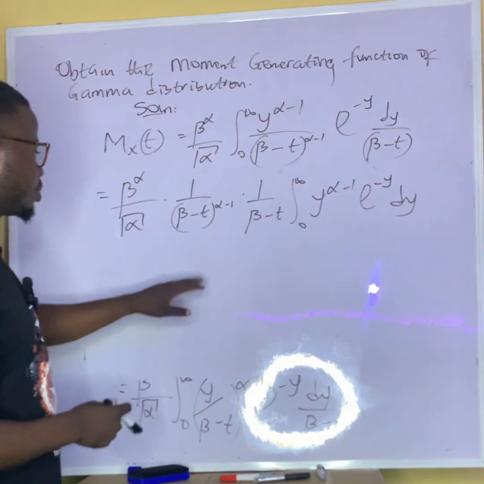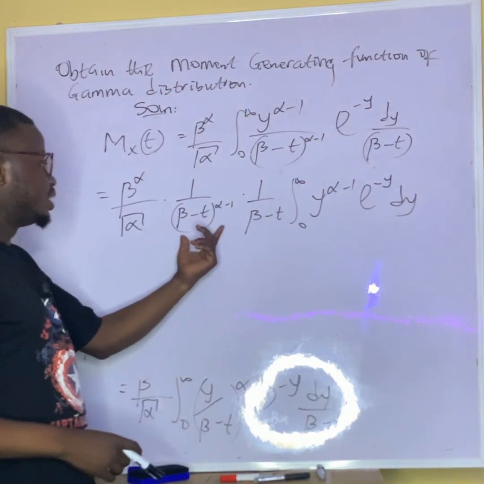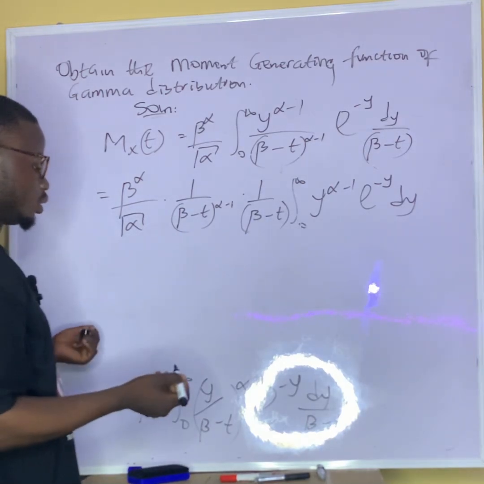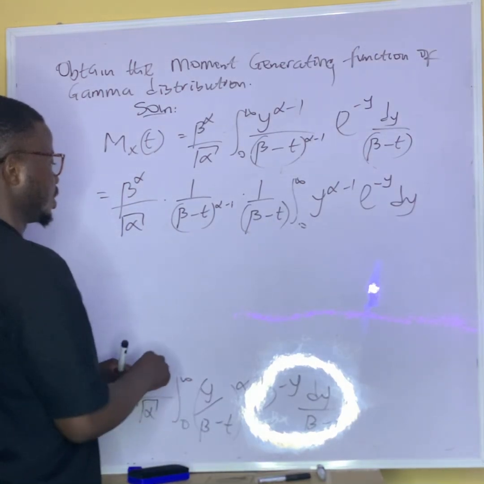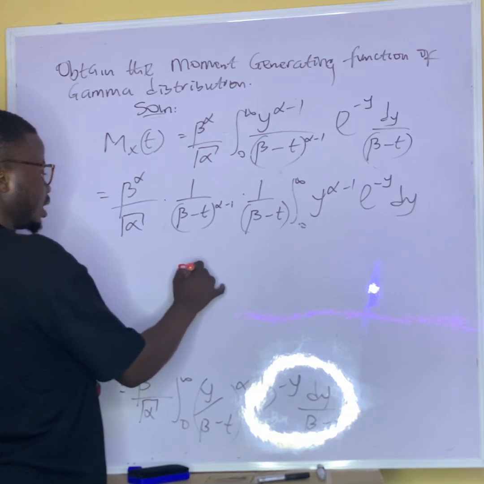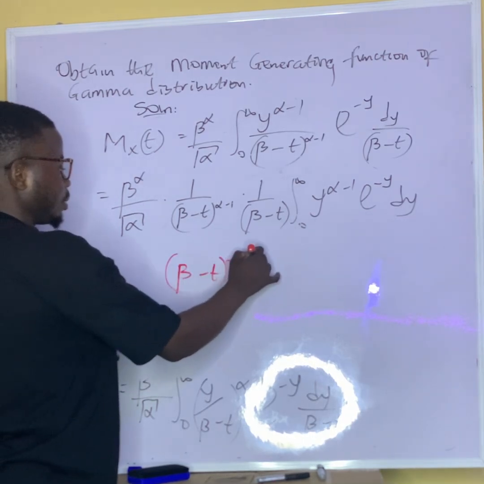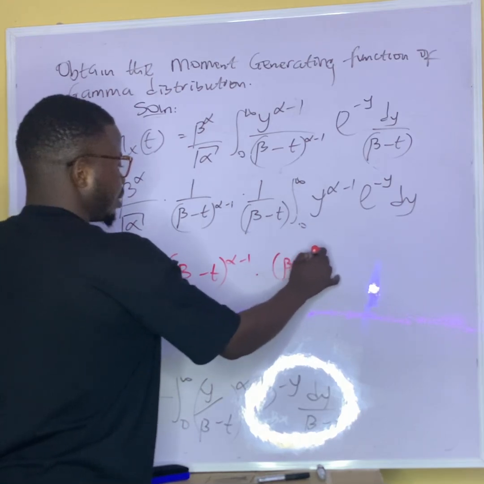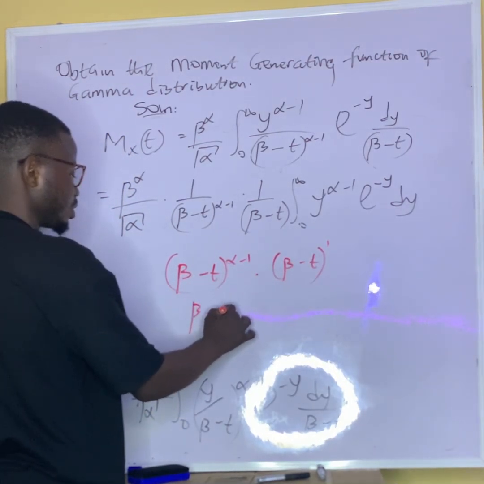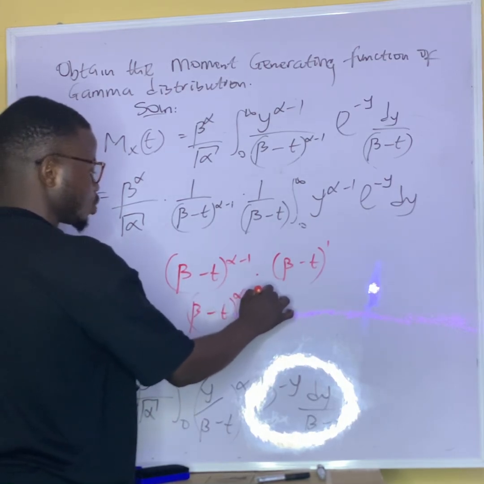So now let's start from this particular side. This and this have the same base. So using the law of indices, we have beta minus t raised to the power alpha minus 1 times beta minus t, where the power of that one is 1. Since they have the same base, we write beta minus t raised to the power alpha minus 1 plus 1.